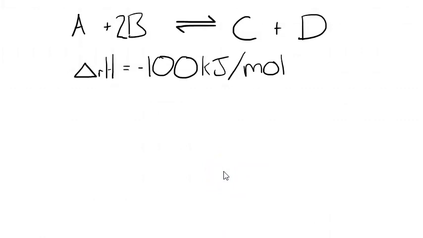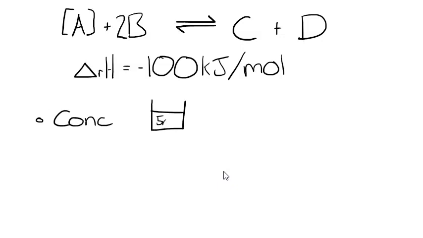The first thing that we can change about this system is the concentration of A, for example. If these were all in aqueous form, and there was like 5 mL of these reactants and products in a solution, and we just added some of A without changing the volume, then that would be changing the concentration.